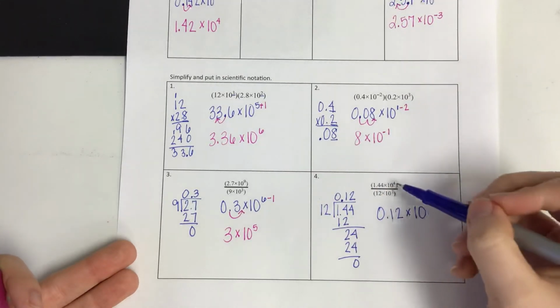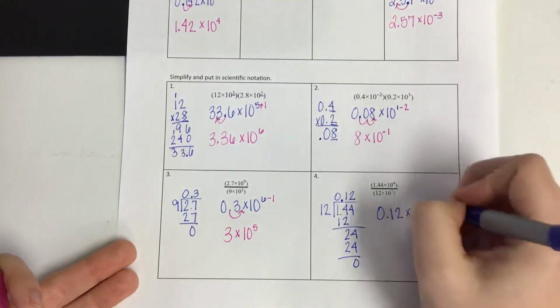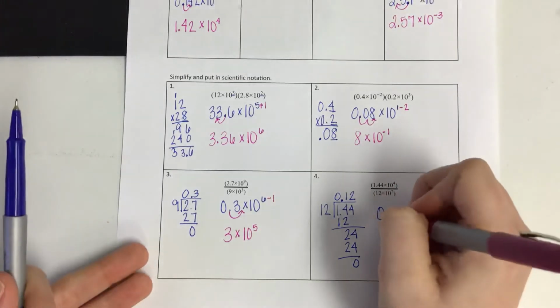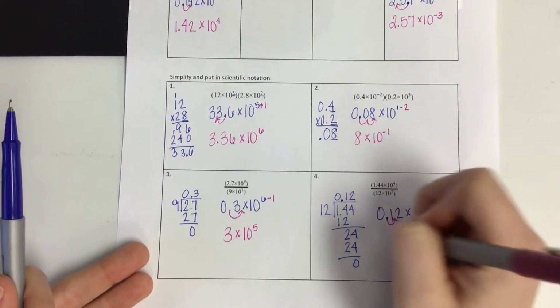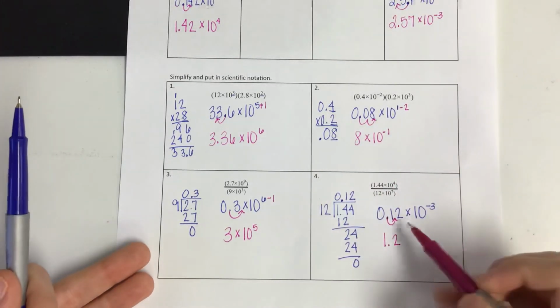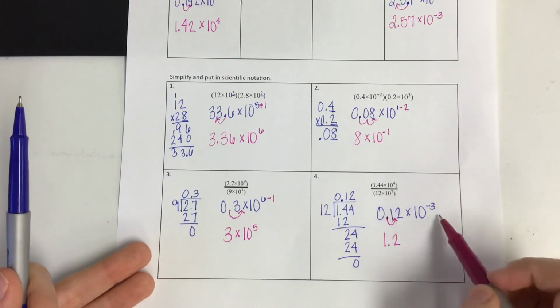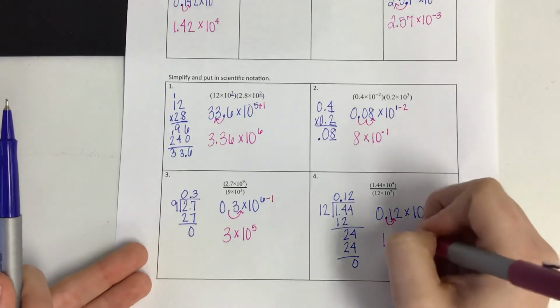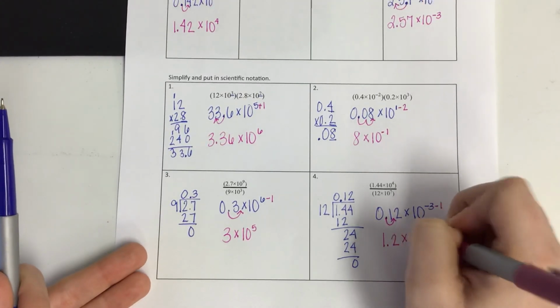Again, we subtract our exponents, top minus bottom, so 4 minus 7 is negative 3. Again, this is not in scientific notation. My decimal needs to move to be between my 1 and my 2. My number got larger, so my exponent is going to get smaller by 1. So this is going to be times 10 to the negative 4th power.